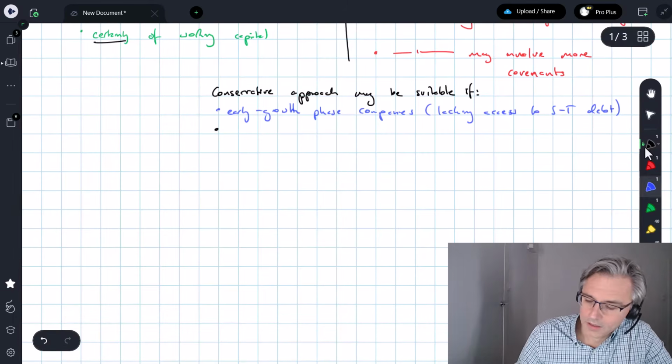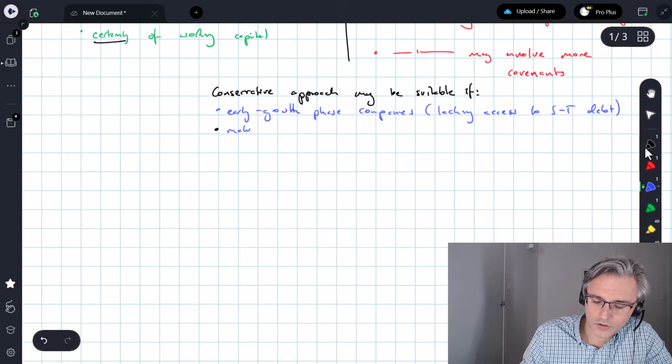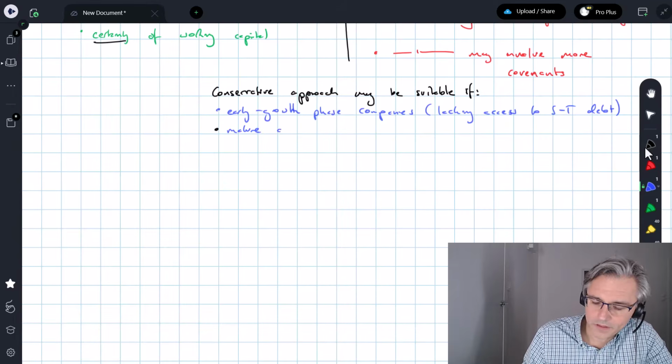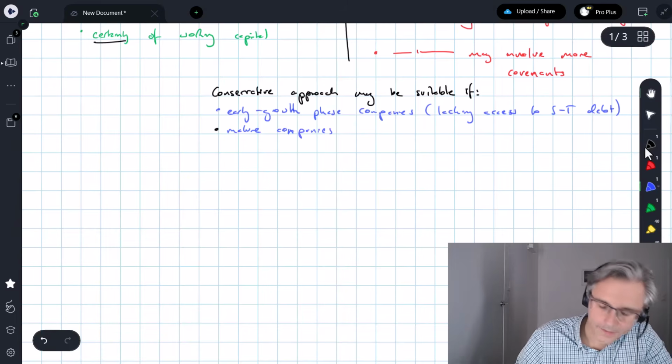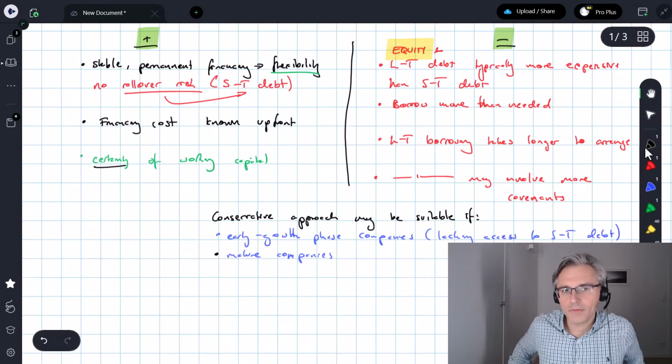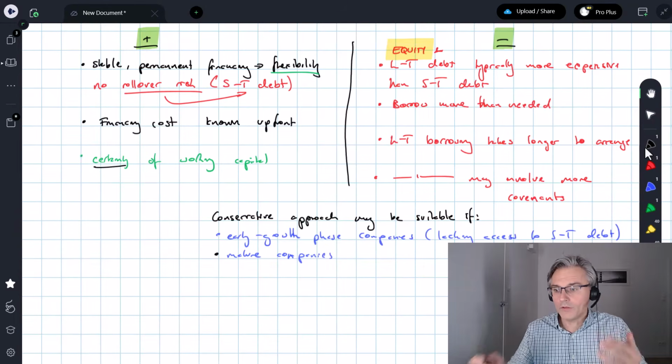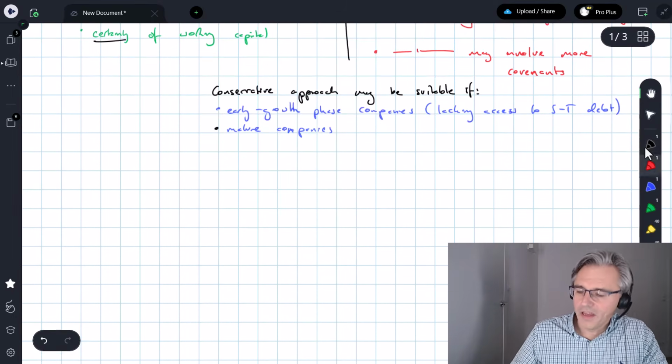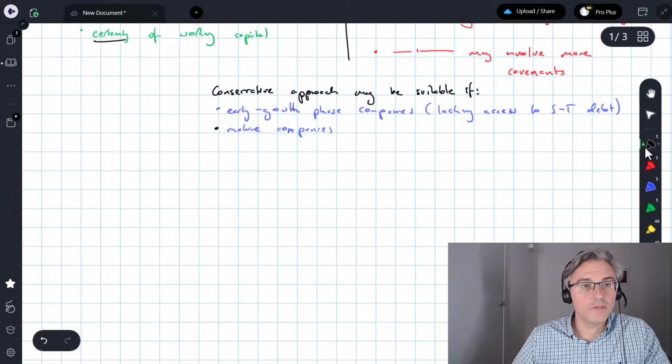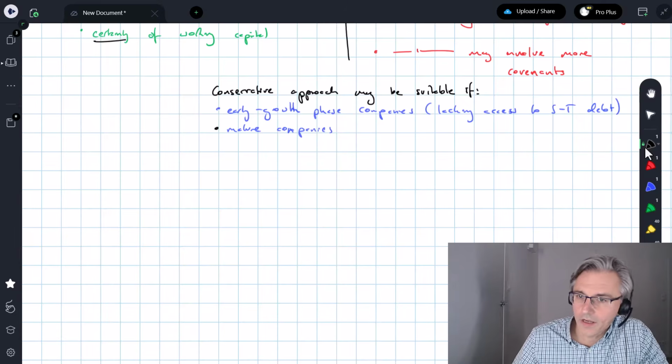Also, this approach may be suitable for more mature companies who appreciate the comfort of operating in this way, not having to worry about whether their existing funding will be rolled over and refinanced.